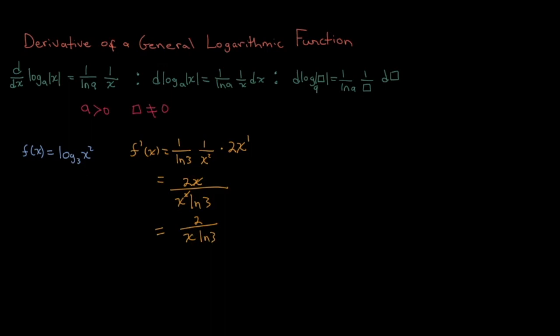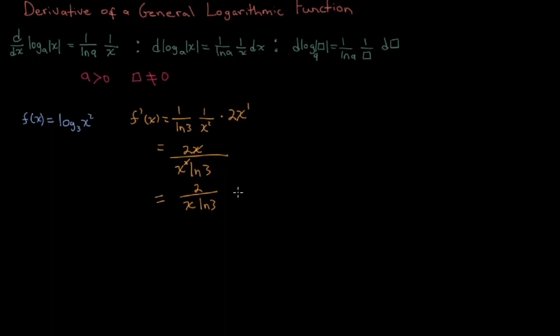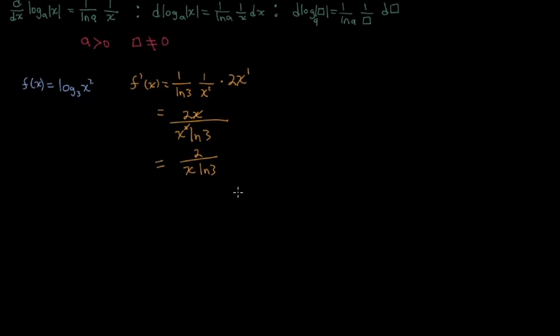So let's say we were to do another example. Let's say we're given a function g of x, and g of x is equal to log base a of sine 3x.